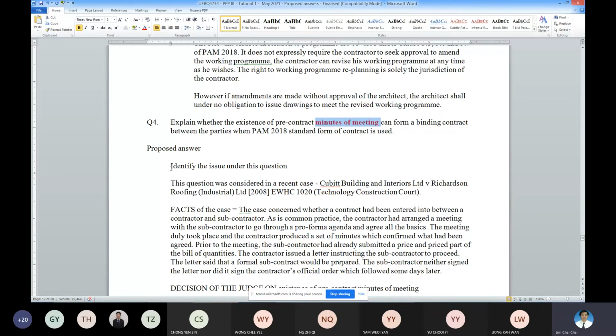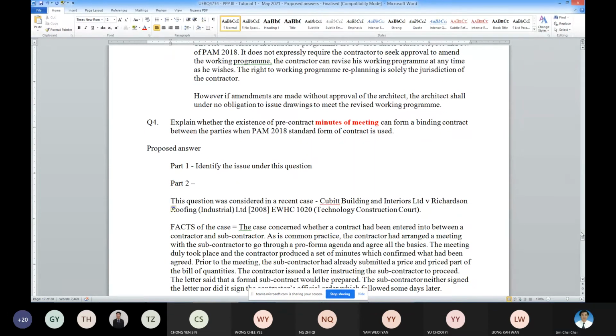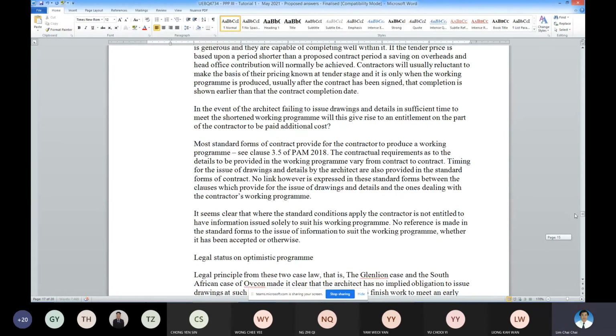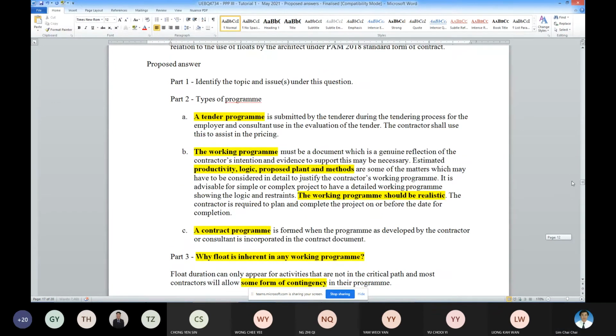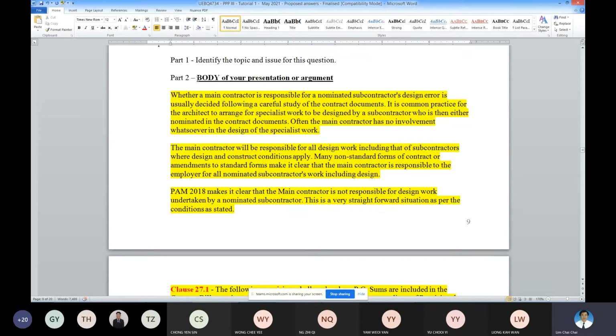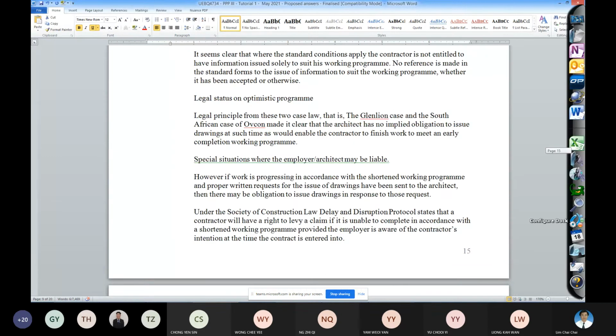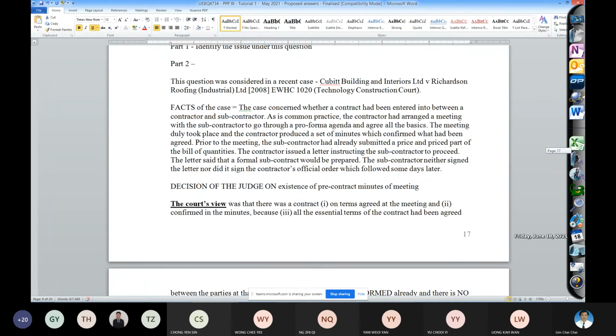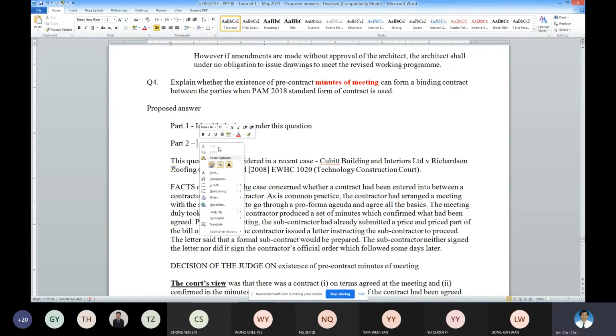You can see here part 1 is your introduction, and part 2 is the body of the argument. Part 2 is usually the body of the argument.